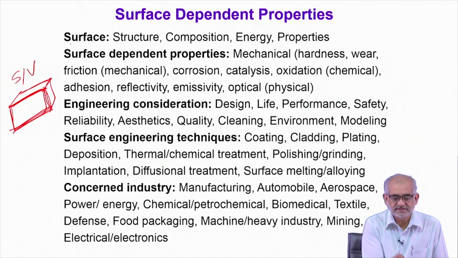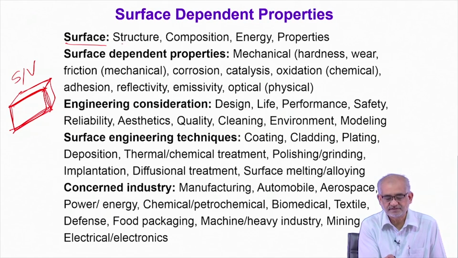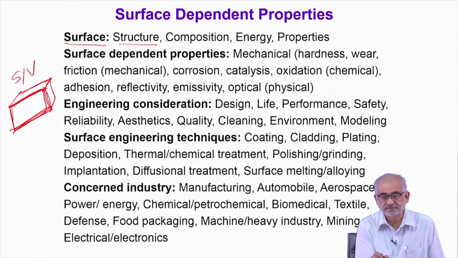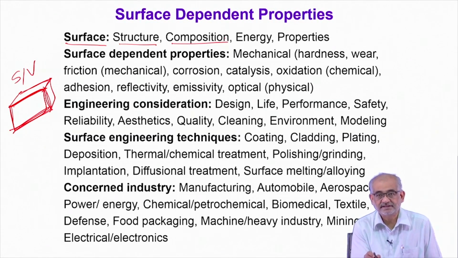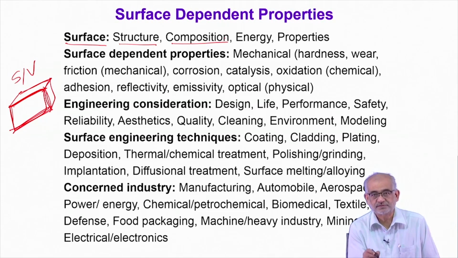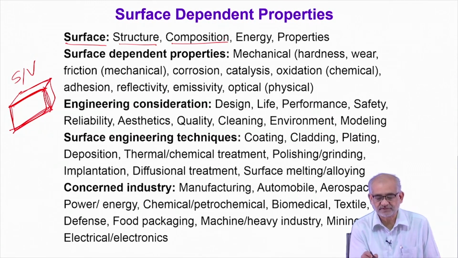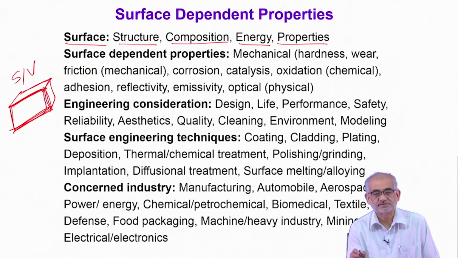So as I said, we define the surface in terms of its structure, the atomic or ionic or molecular aggregate that we are talking about, and its composition, and there is always a possibility of little variation of the surface composition from the bulk composition, because the surface is always prone to absorbing impurities from the atmosphere around. We talked about surface energy just now, which is a very important characteristic of the surface, and obviously the various forms, various types of surface dependent properties.